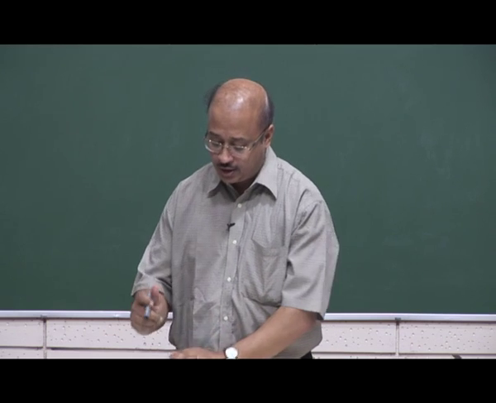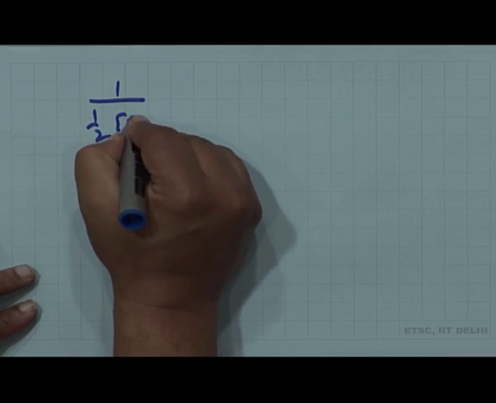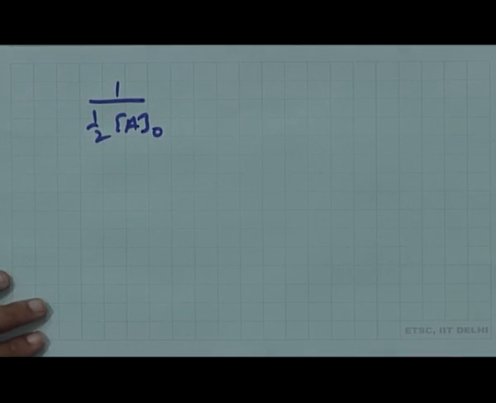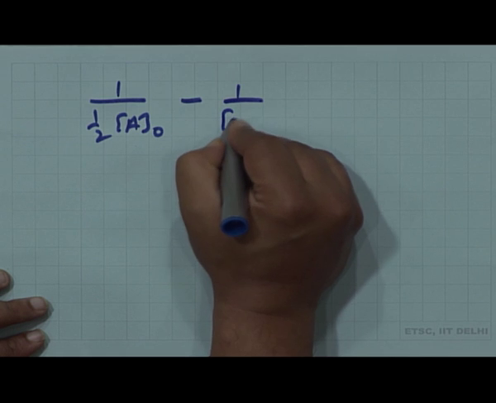So, let me write now again. So, then what I said was this is 1 by half A naught minus 1 by A naught.